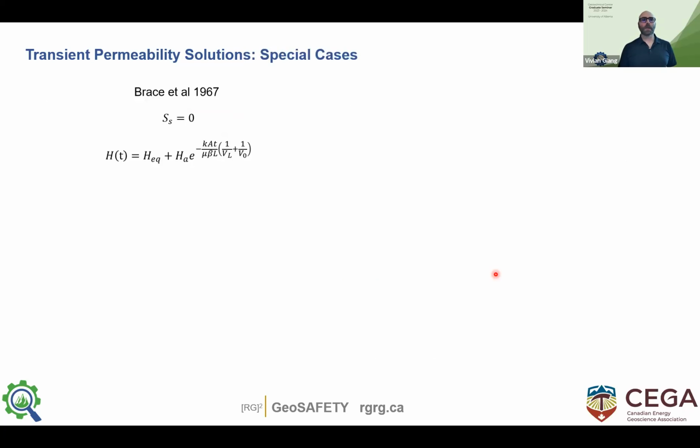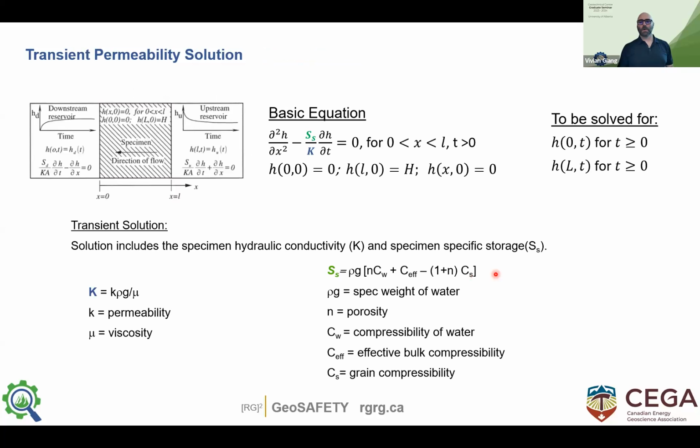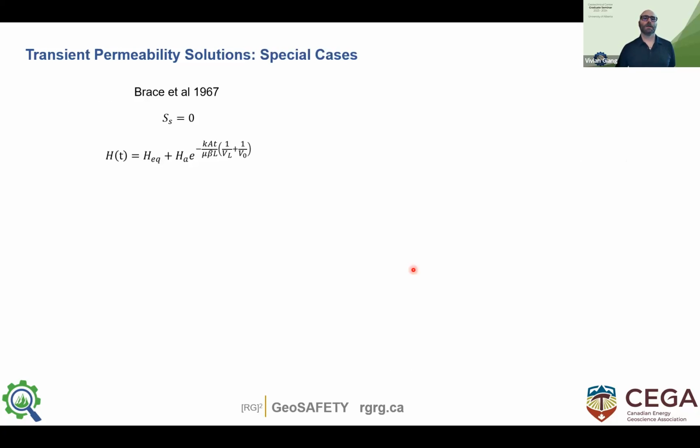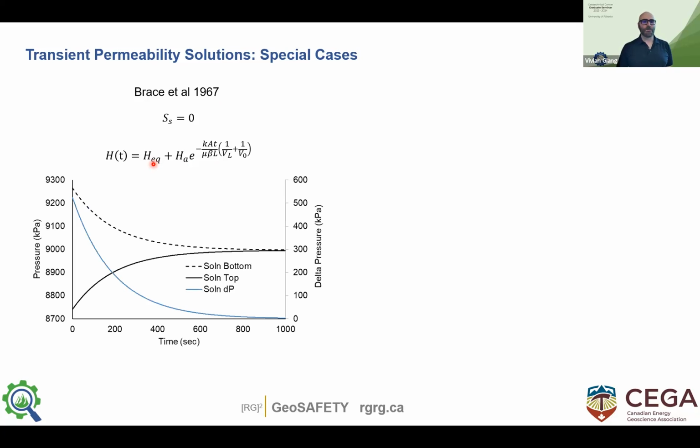So you can do some simplified things and say that specific storage is equal to 0. You assume that your porosity is very low and your compressibility is very low, and that they essentially contribute nothing. Then you can come up with a pretty straightforward equation, and your solution looks like so.